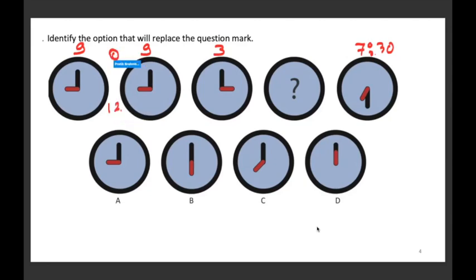This is 6 hours, something, and then something else, and 7:30. If I start with 0, then 6 hours, this has to be a 12 hours difference in that case. So it will have to be 3 o'clock in that case. But there's no 3 o'clock option given here, so we reject that option.